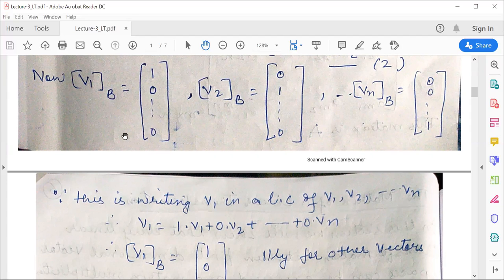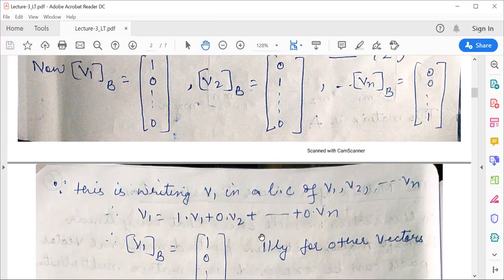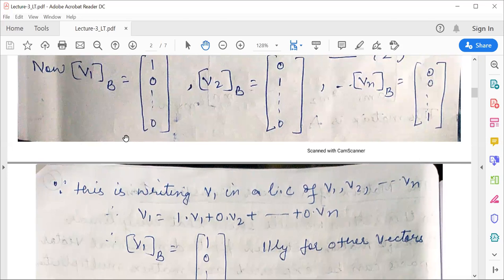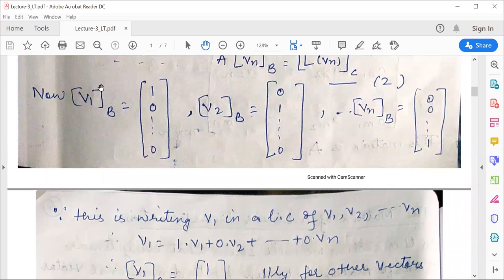So v1 can be written like this, and we get [v1]_B equal to (1, 0, 0, ..., 0). This is what we have written here, and similarly for v2 and similarly for vn.